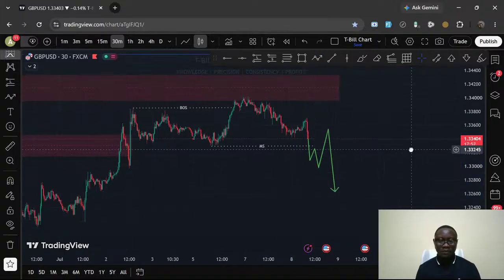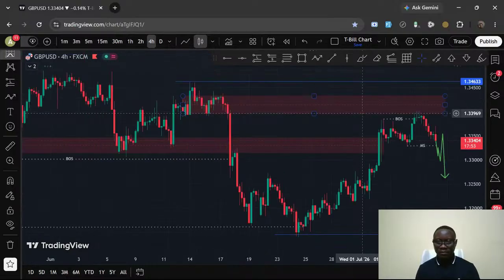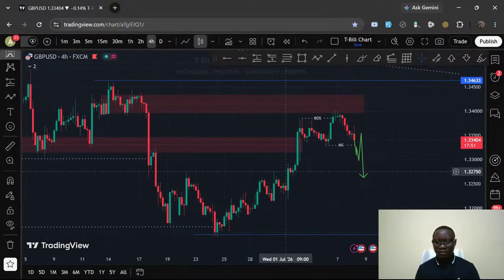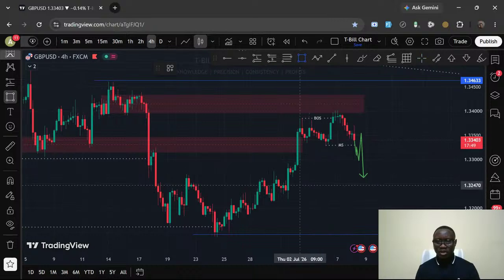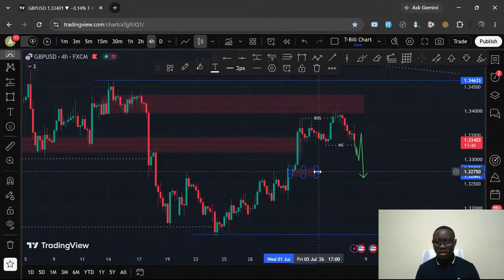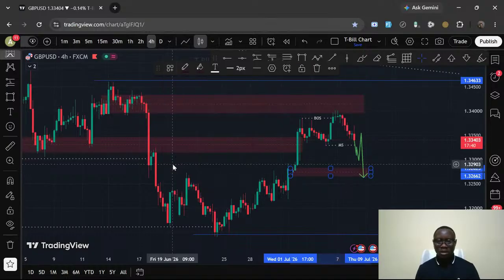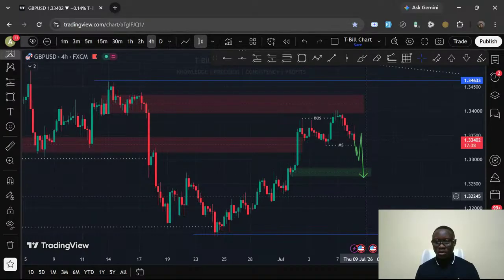Now, if we go to the 4H time frame, yeah, there's a potential buy zone right here, a potential bullish demand zone.